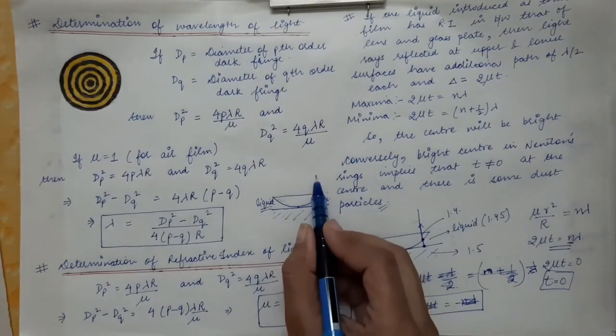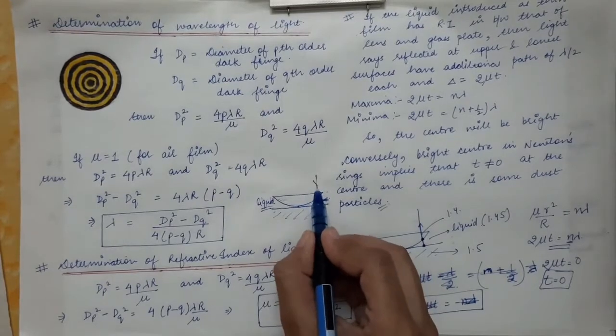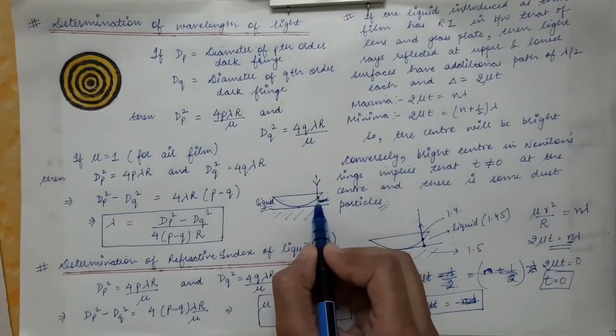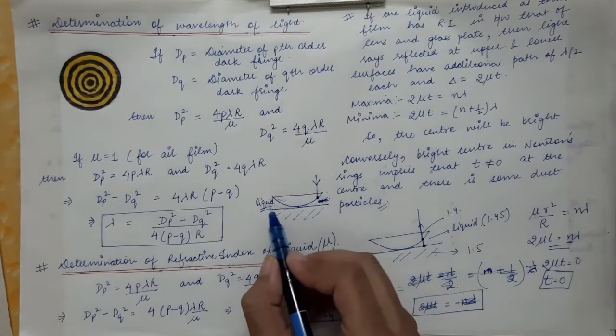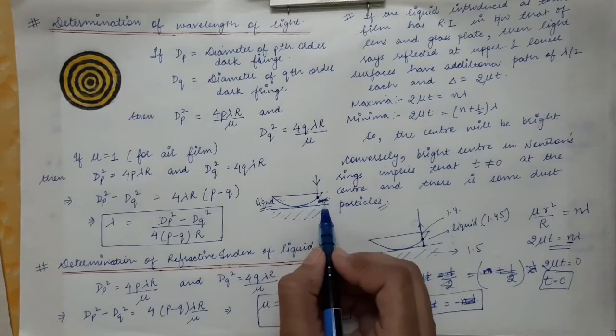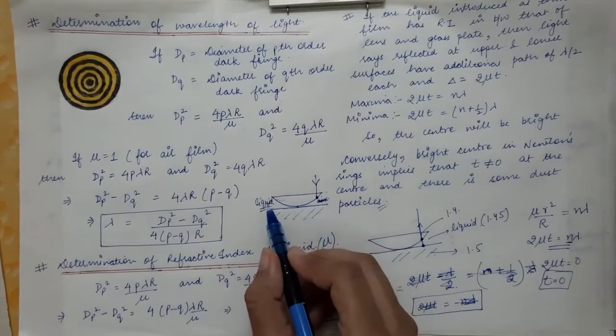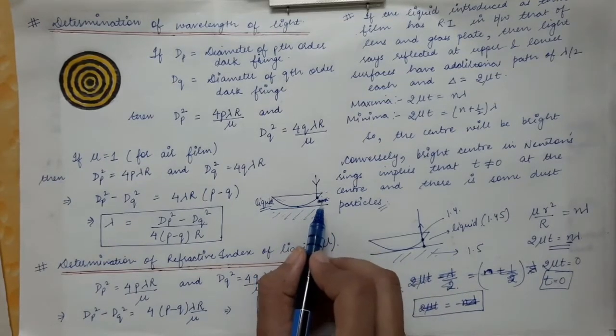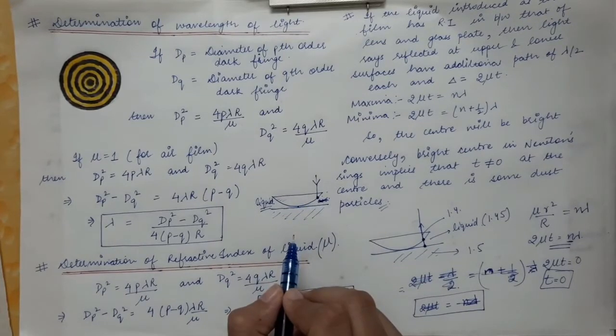So for the two reflected rays, the light rays which will get reflected, at this point the reflection will be by the denser medium, because now we are considering a liquid whose refractive index is greater than that of the lens.